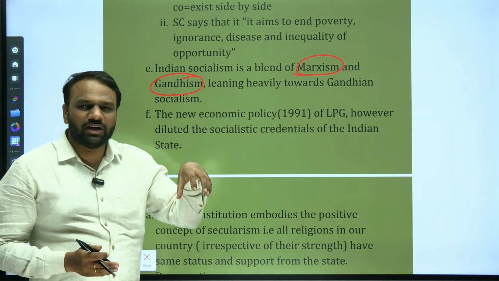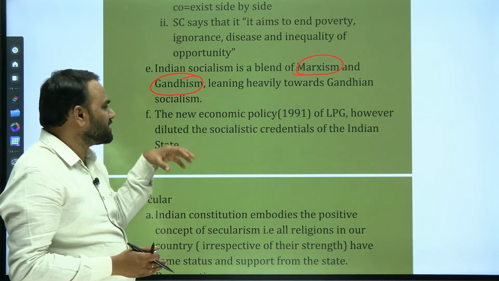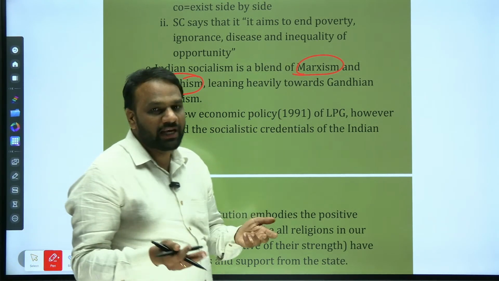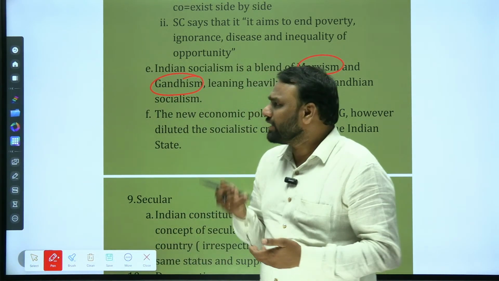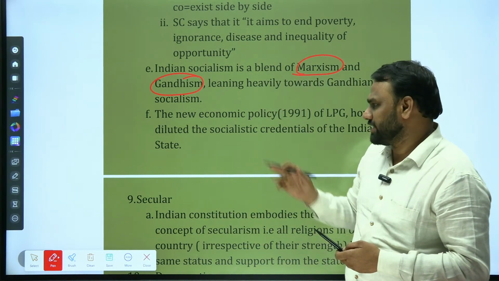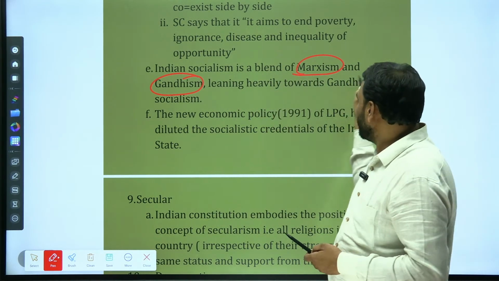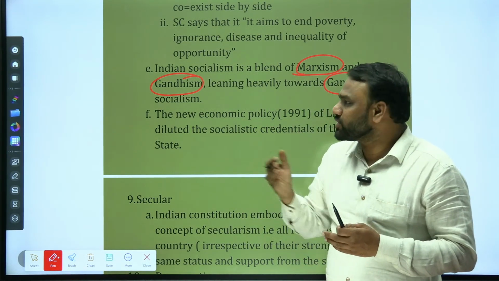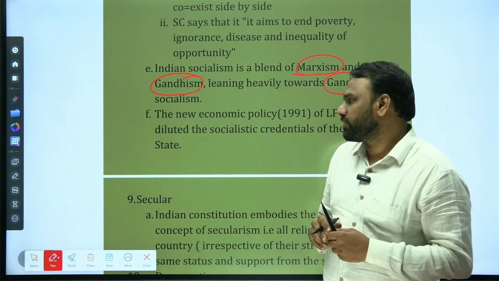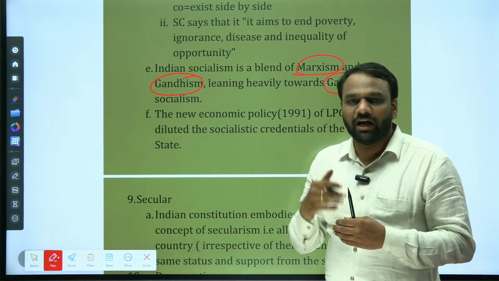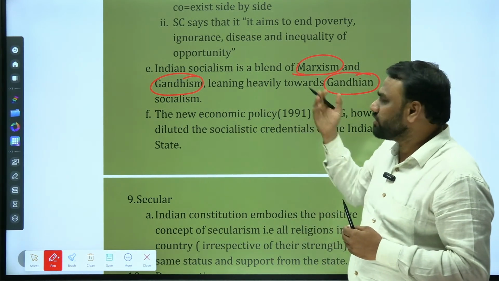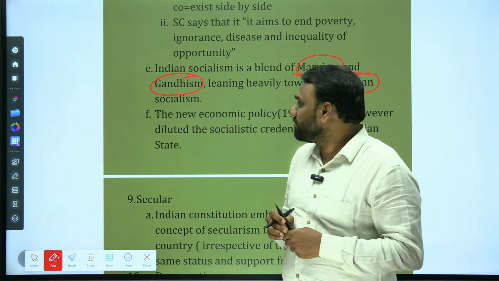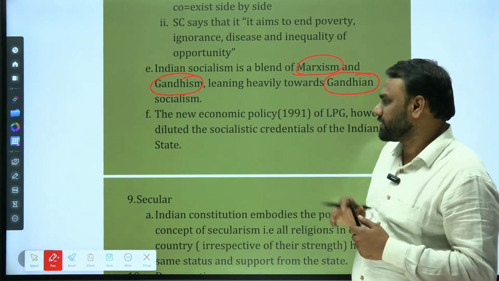Let us not go deeper into what exactly Marxism and Gandhism are, as such questions rarely appear in the examination. In the later part of our classes, we shall see. But it leans heavily towards Gandhian socialism. Our socialism has adopted many ideas of Gandhian socialism and very few ideas of socialism as promoted by Marx.